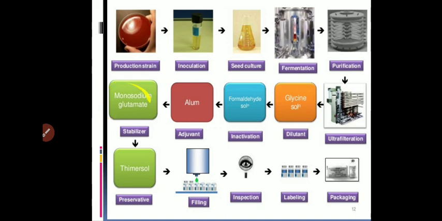Monosodium glutamate makes our vaccine stable, and preservatives like thimerosal. Thimerosal is a preservative which increases the shelf life of tetanus toxoid. After addition of different types of preservatives, our vaccine is ready.